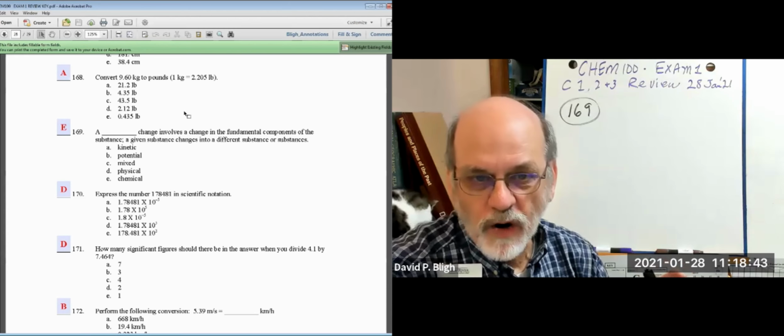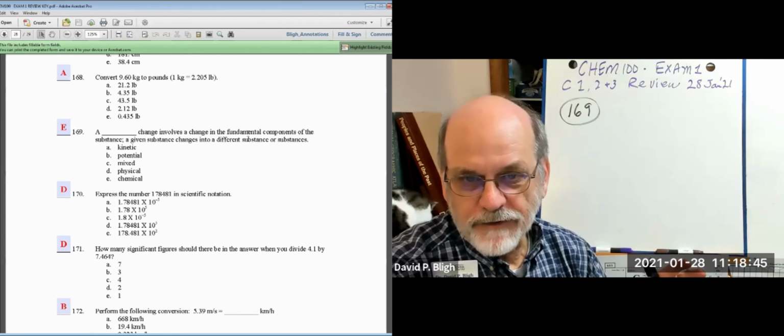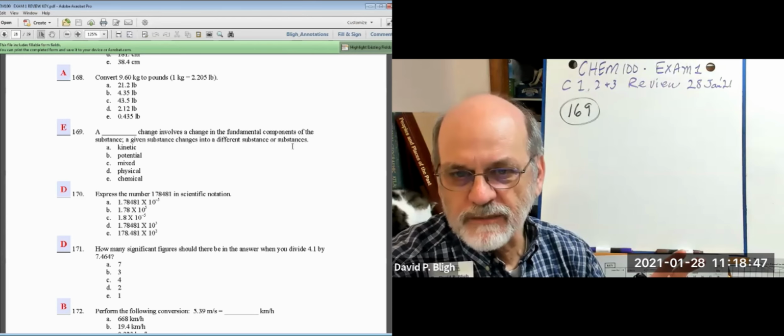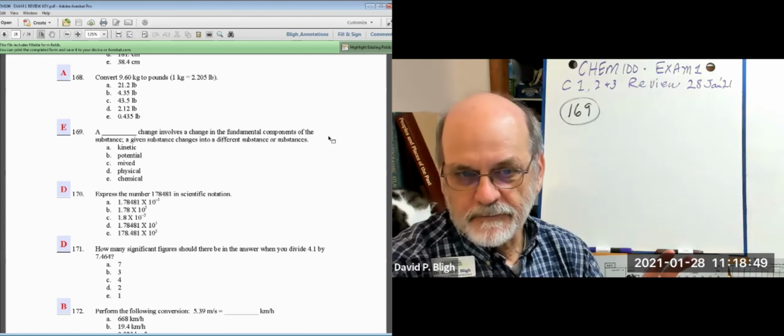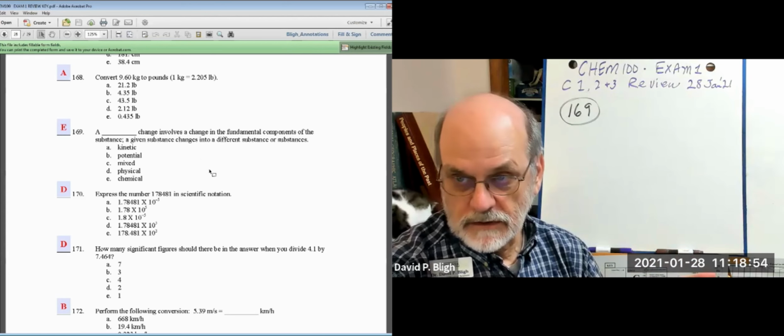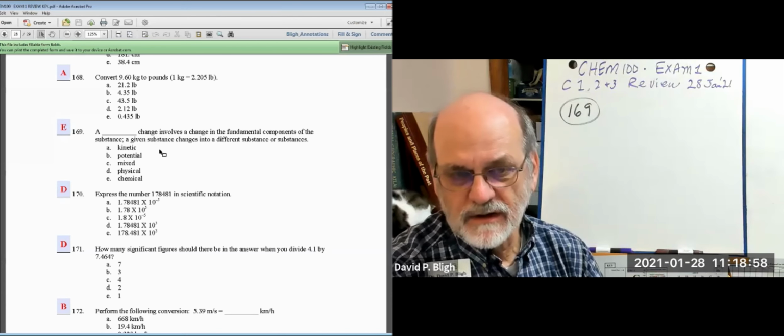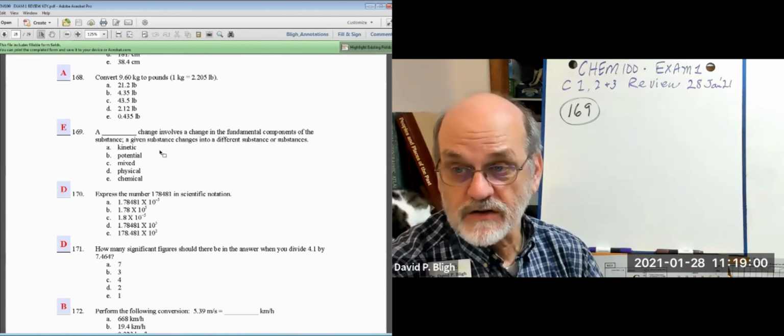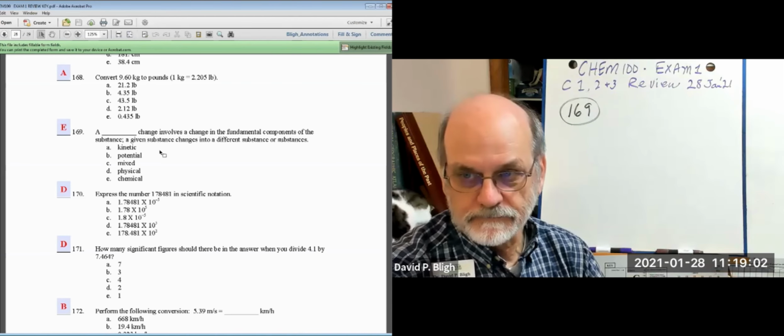And you can tell by the wording, a change in the fundamental components. So all these others are thrown in there to confuse, which makes sense. A kinetic change? No, a kinetic change is just a change of motion, speed.